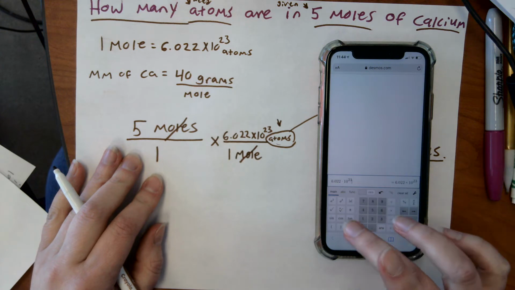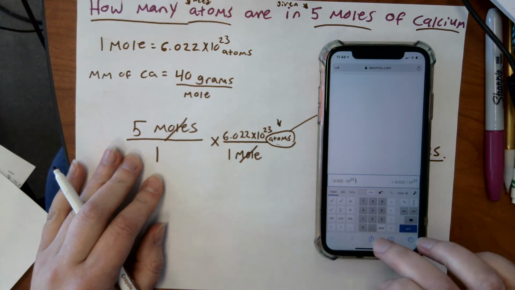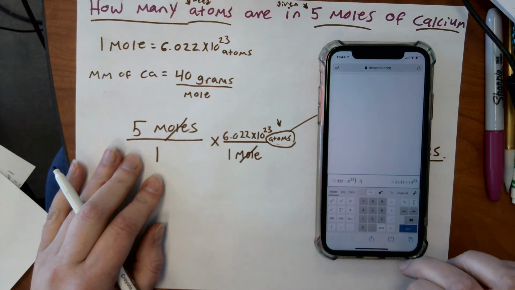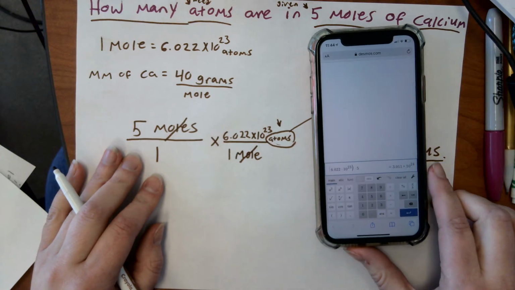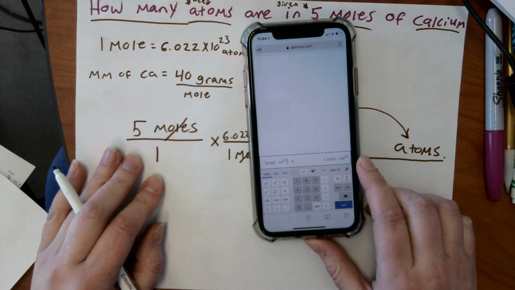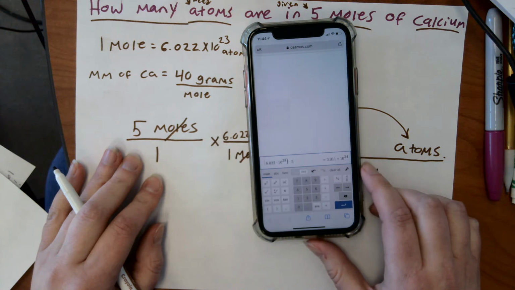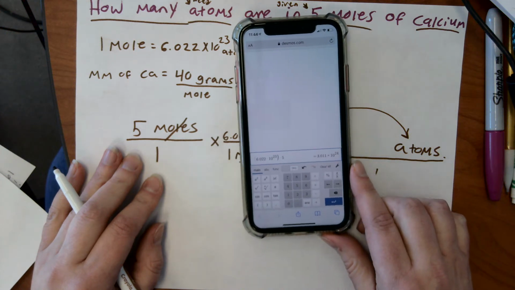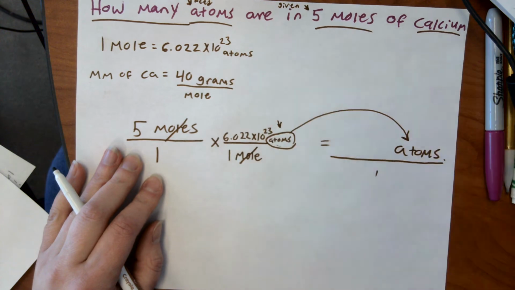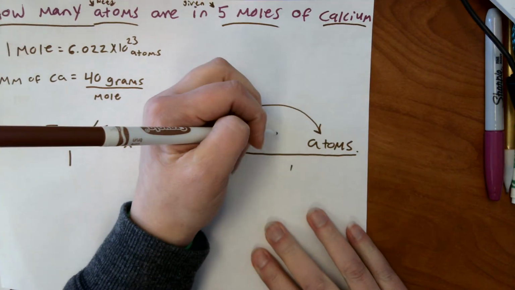And I forgot Desmos does not let me do that. Times 5. And we get the number 3.011 times 10 to the 24th. I'm just going to round it to 3.0 times 10 to the 24th.